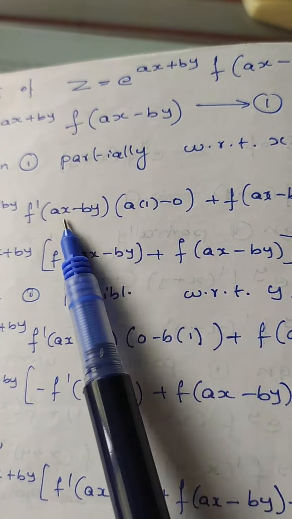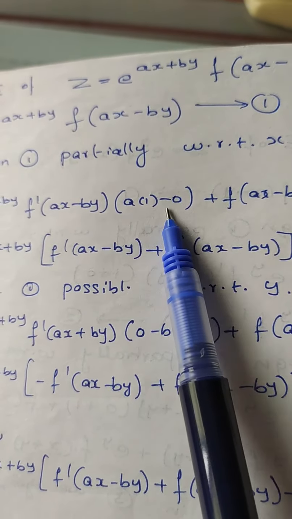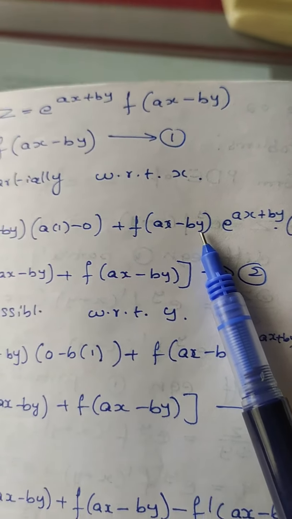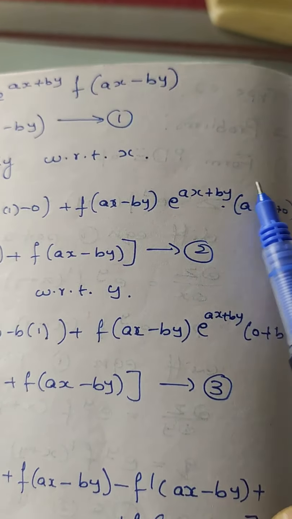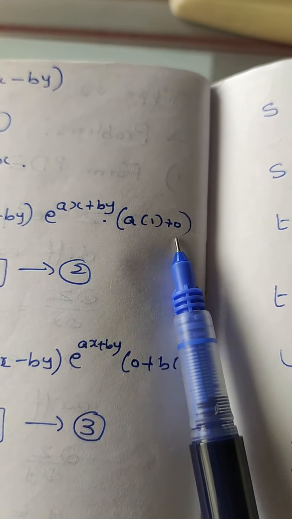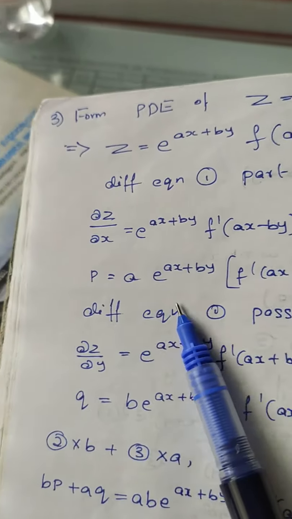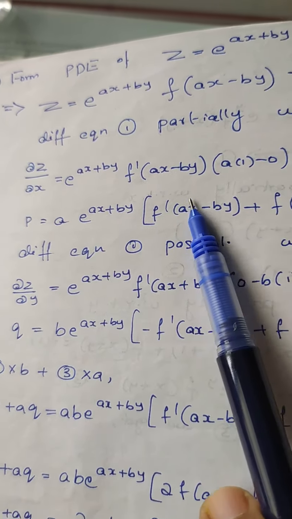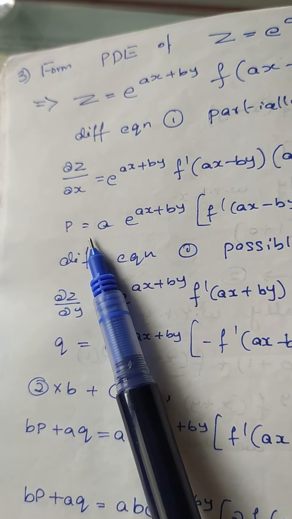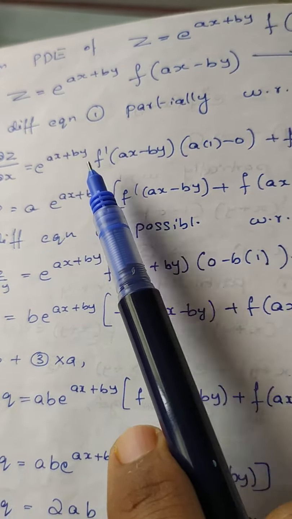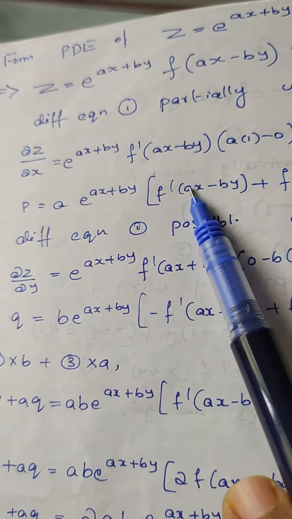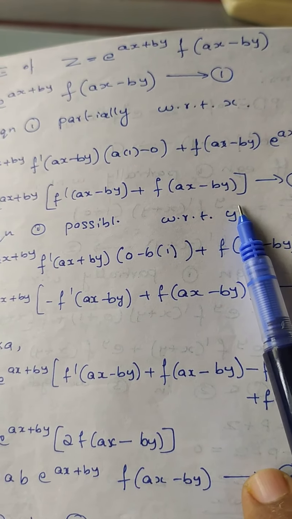A constant, derivative of x is 1, b constant, y constant 0, plus f of ax minus by, second function, into derivative of e power ax plus by is e power ax plus by into derivative of ax plus by, a into 1 plus 0. Now p becomes: here you have a and also a, take a common, and we have e power ax plus by and e power ax plus by. Take e power ax plus by also common, then we get f dash plus f of ax minus by.